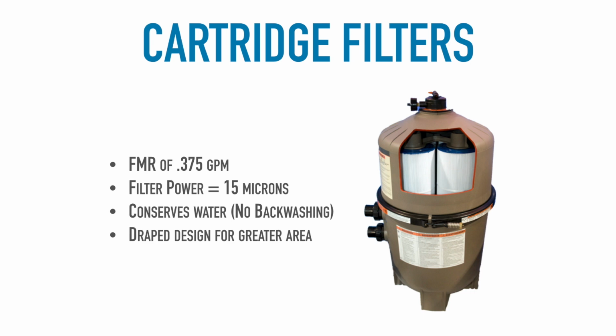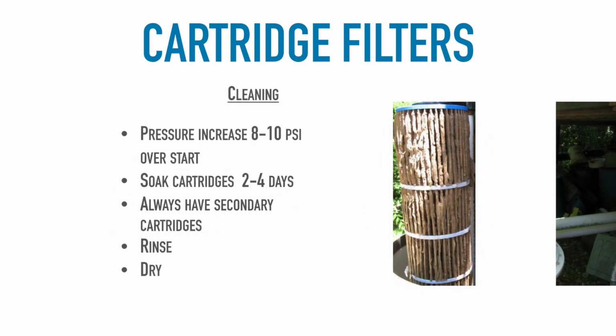Think about the cabin air filter inside of your car. It takes up a little bit of space, but if you were to undo it from its little accordion shape, it would become really long and have a ton of space on there. This is exactly what we're doing with our cartridges. Some of these cartridges can even hold up to 50 pounds of dirt.